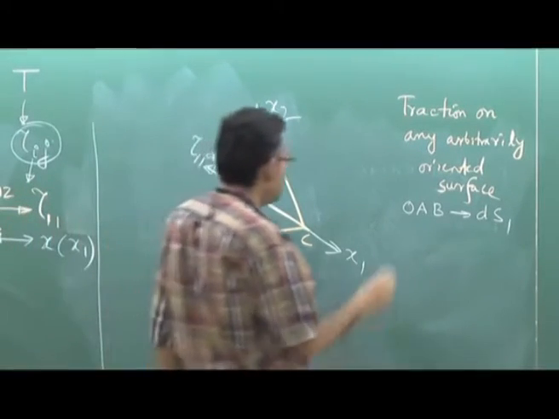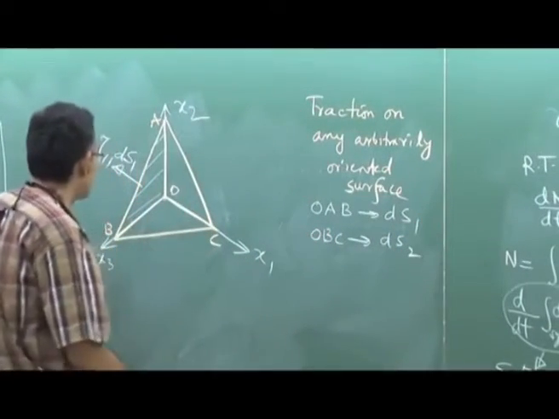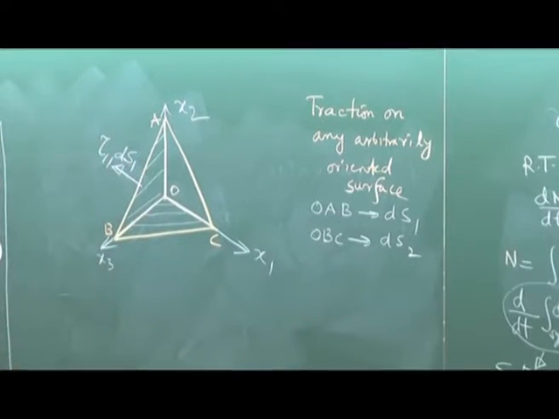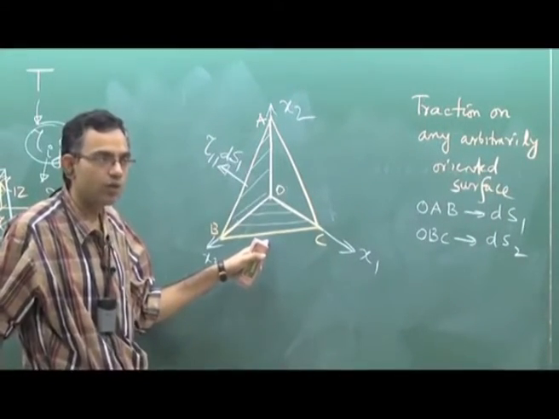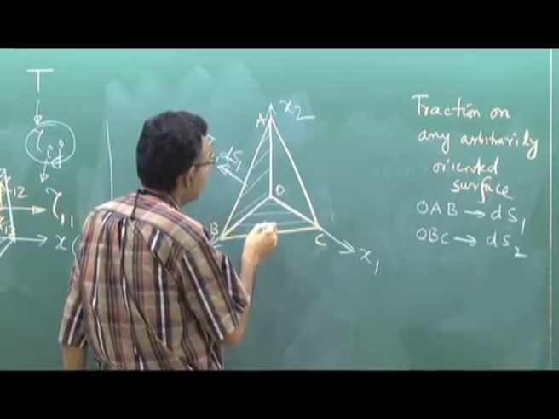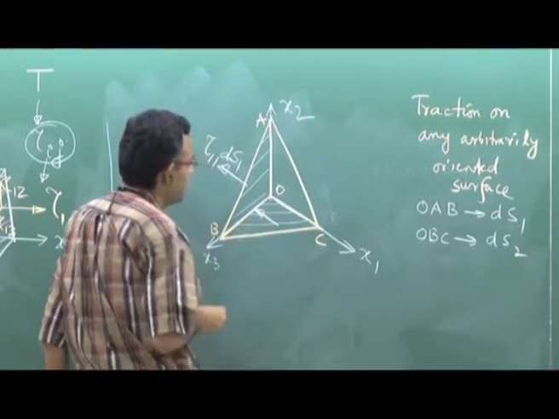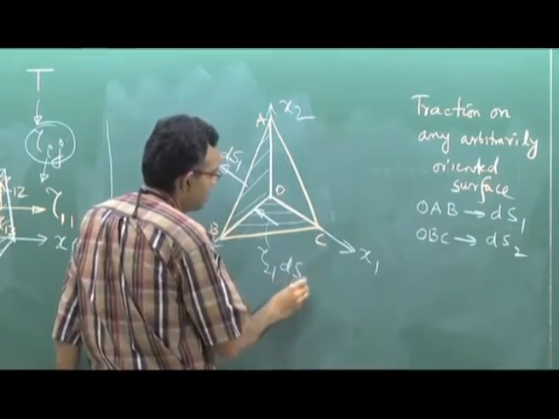Let us say that we consider OBC as ds2. This is the surface OBC. What is its outward normal? Negative of x2. So the force along x1 is along negative x1, and this is tau 21 ds2.